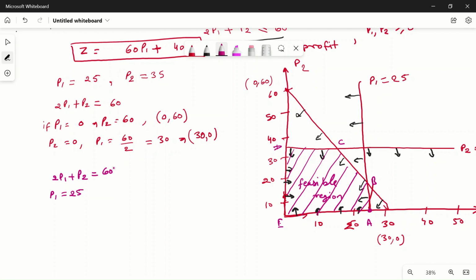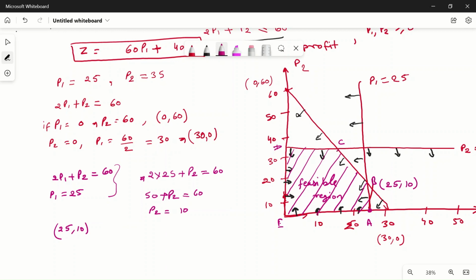So we will solve these two, then we will find this point B. If we put p1 is equal to 25 in this equation, then we will get 2 into 25 plus p2 is equal to 60. 50 plus p2 is equal to 60. So p2 will be 10. So p1 is 25 and p2 is 10. So this point is 25, 10.